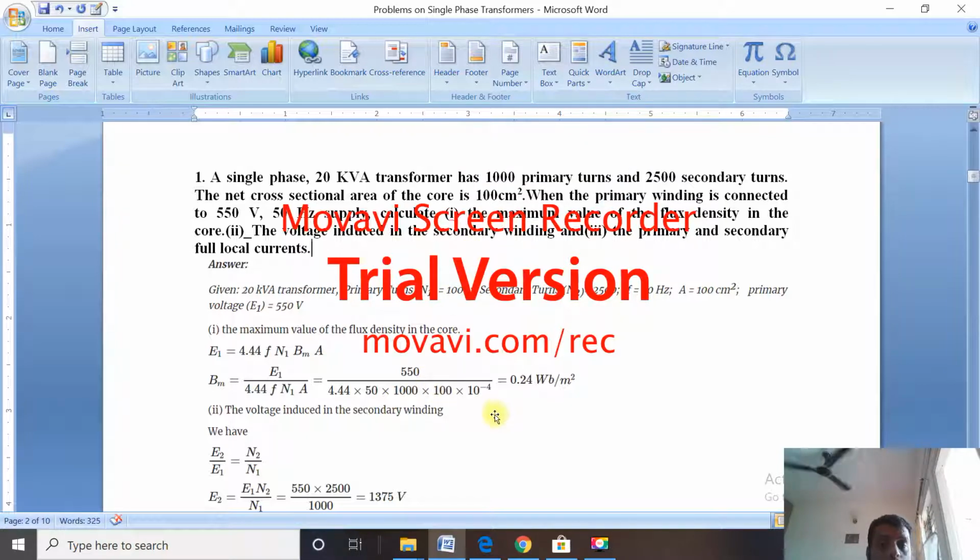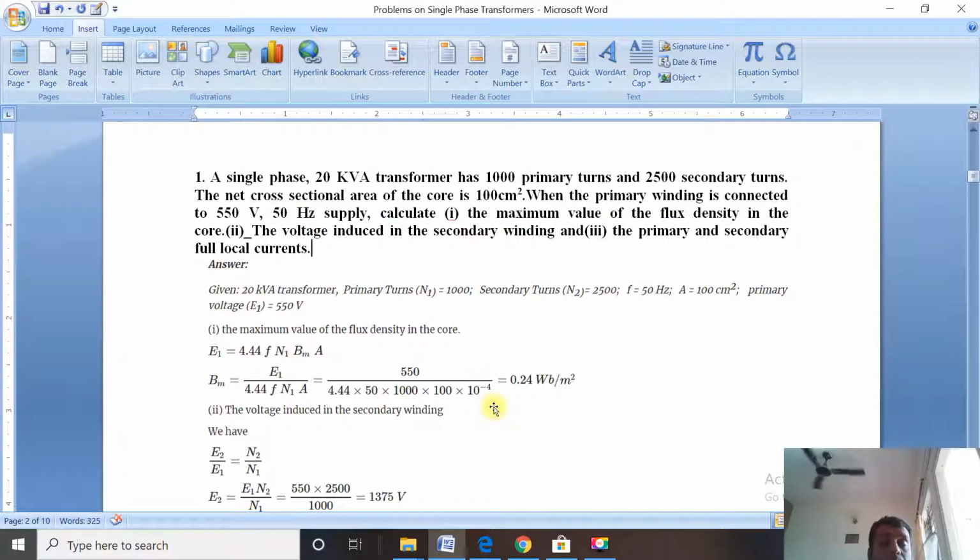Since it is centimeter square, I'm converting into meter square, so 10 to the power of minus 4. If you substitute here, you get B_m equal to 0.24 Webers per meter square.